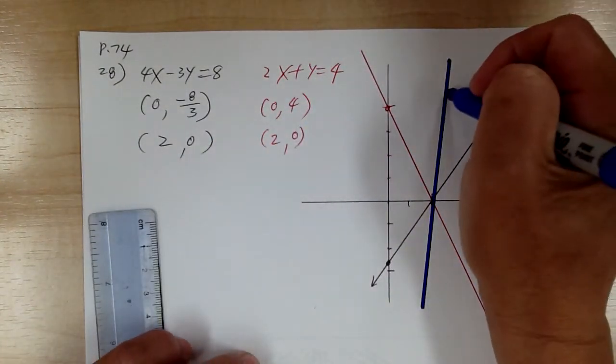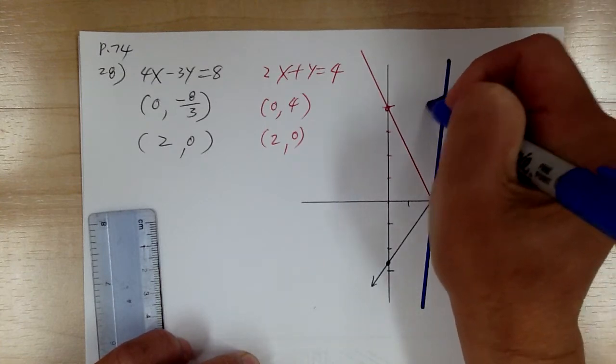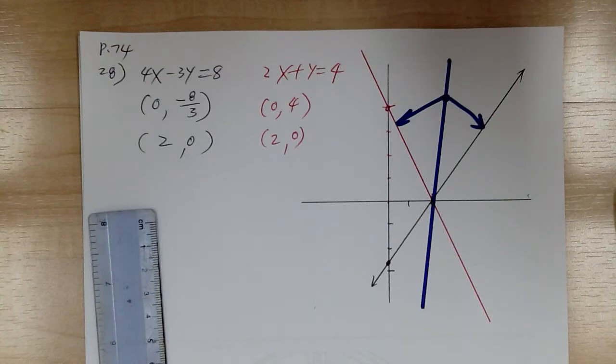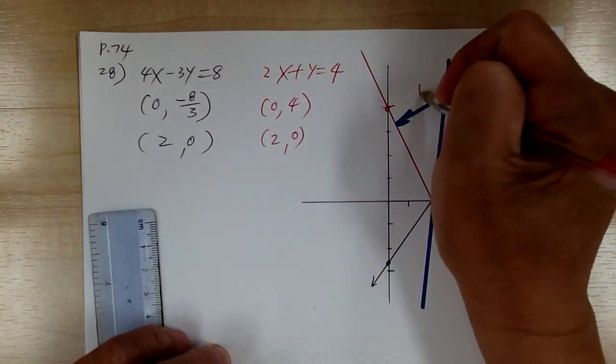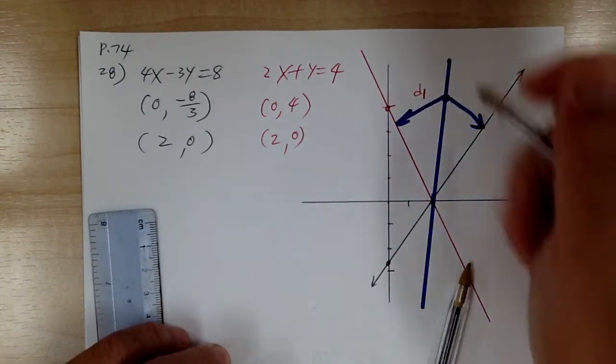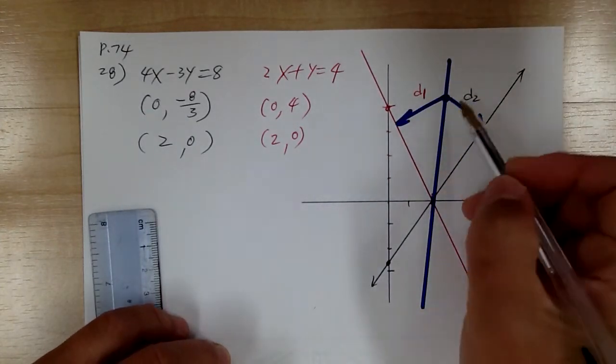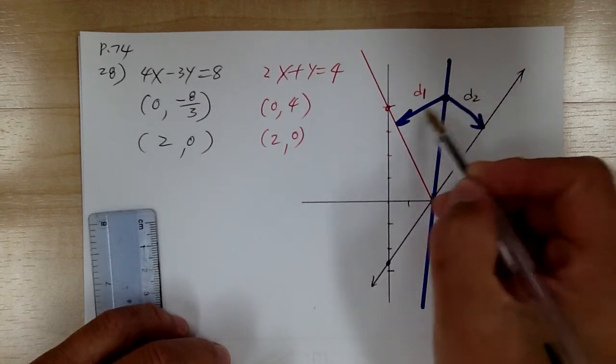And you choose a random point. So I'm going to call this D1, and I'm going to call this D2. Now, the next thing you have to do is figure out if they're positive or negative.